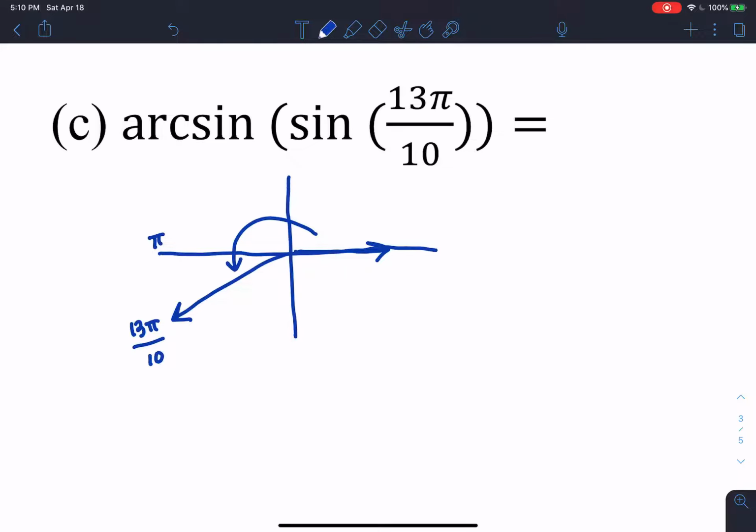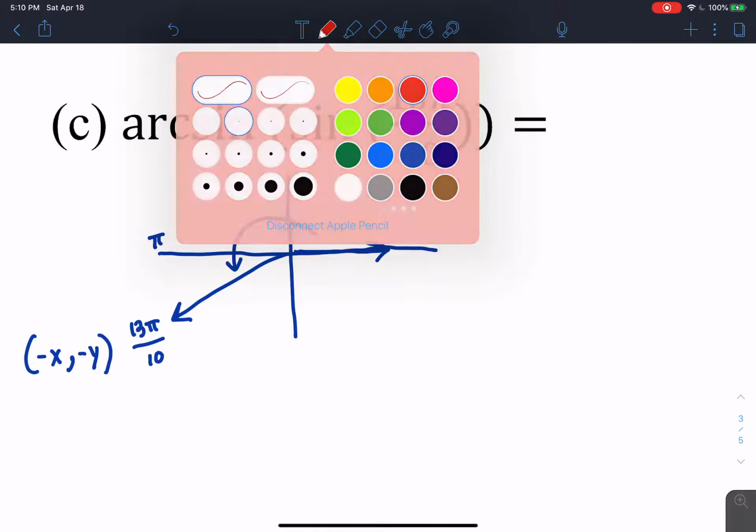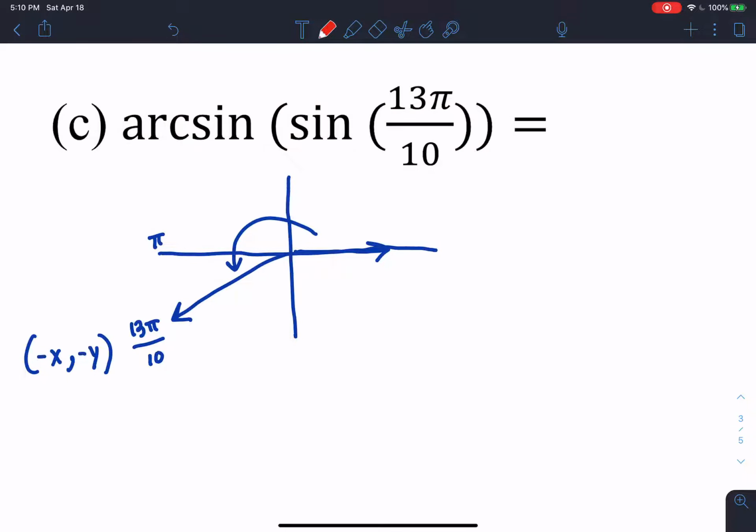At that point you're going to have a negative x value and a negative y value. I don't know what that y value would be, but I know it's got to be in quadrant 3. The distance from the axis to this angle is 3 pi over 10. It's the reference angle. I need something in quadrant 1 or quadrant 4 that has that same reference angle.